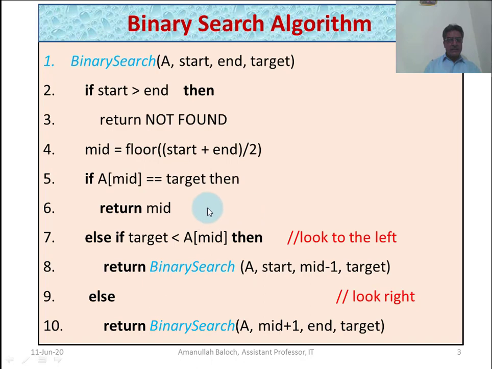So at this stage the computer gets the fifth index value of the array, which is 23, and the target is also 23. 23 equal to 23? Yes, the algorithm will return the middle index, that the required target value exists at the location stored in the middle variable, which the algorithm has found.